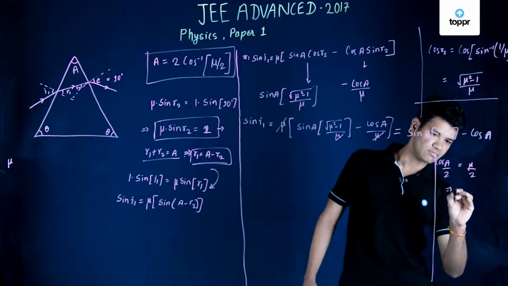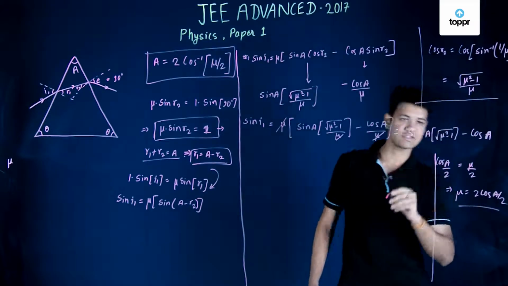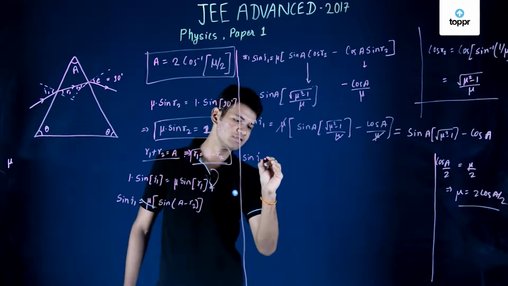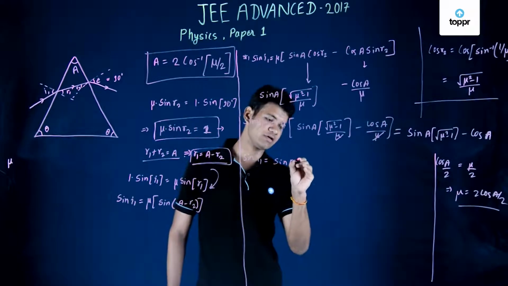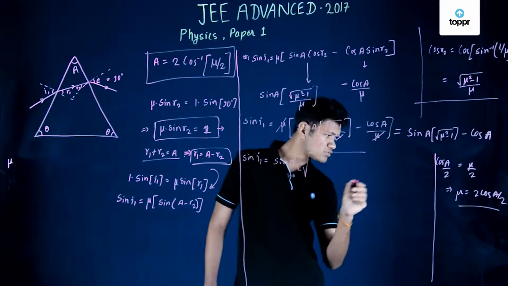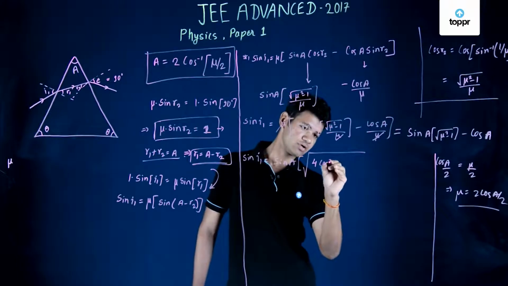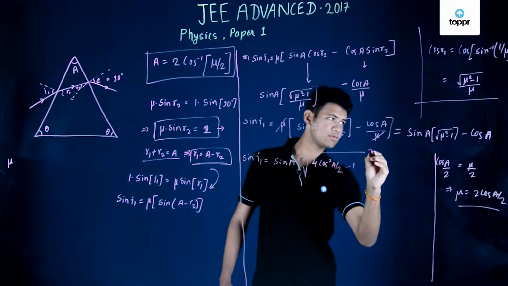This implies mu is equal to 2 times cos A by 2. Substituting this value of mu in this relation, we'll get sine of I1 is equal to sine of A, and mu here is 2 times cos A by 2. So squaring, 4 cos square A by 2 minus 1, minus cos A.